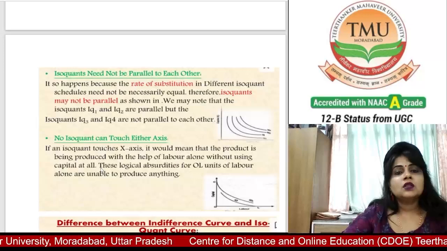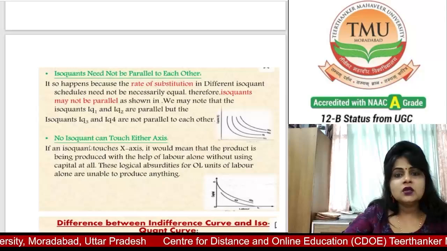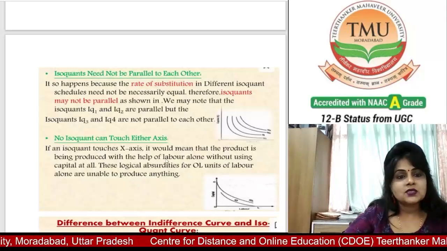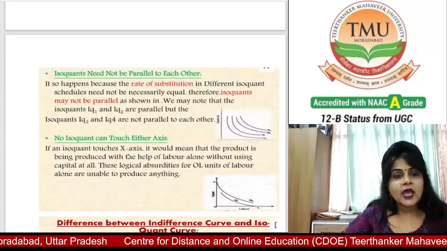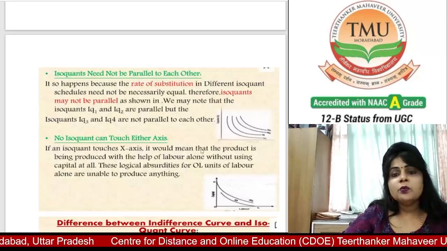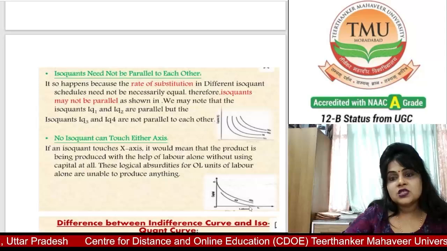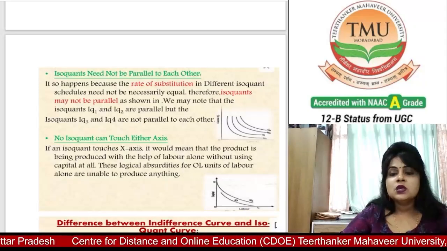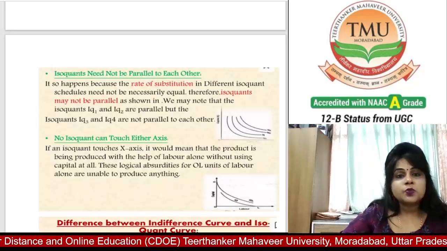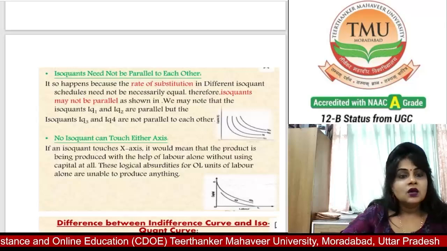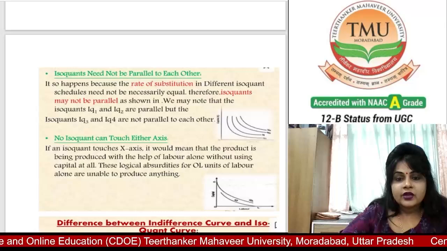Now, next, no isoquant can touch either the x-axis or the y-axis. You can see here, if an isoquant touches the x-axis, it means the product is being produced with the help of labor only. If the producer doesn't use the other factor, it means only one factor is responsible for producing the given level of output without involvement of any other factor.